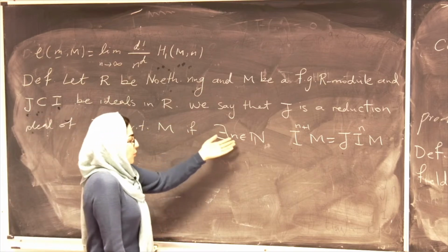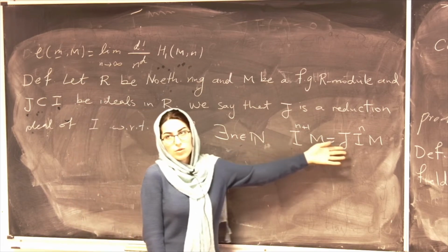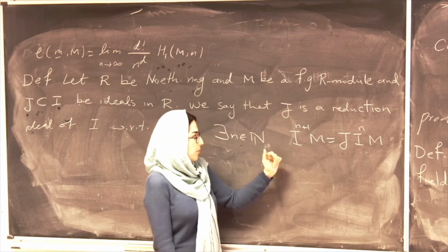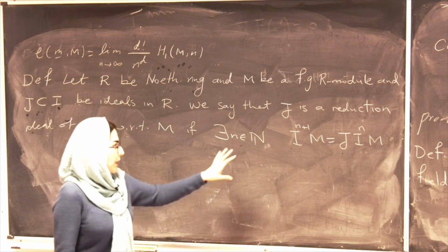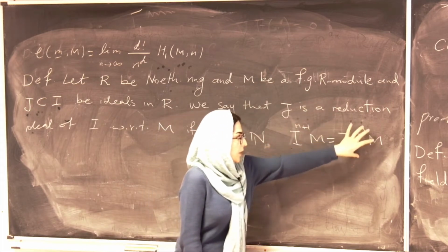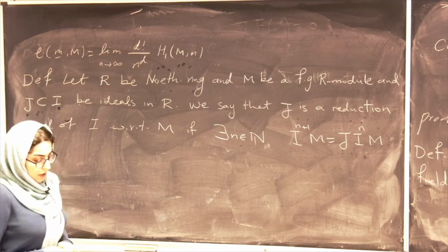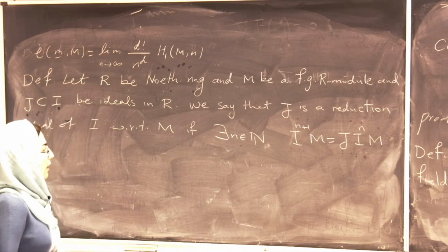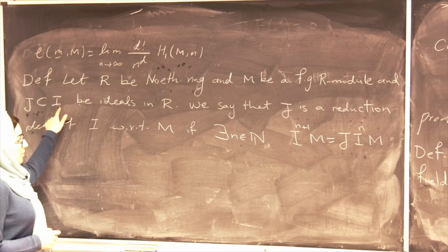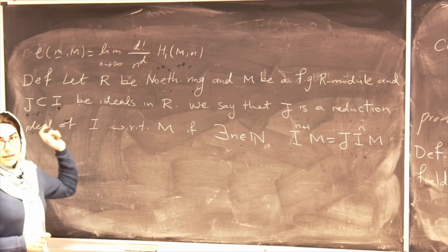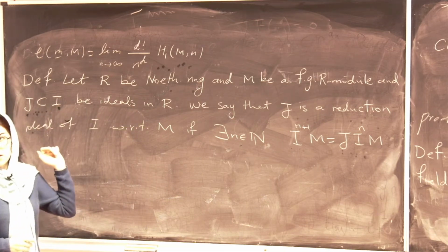So if for some n this happens, for larger than this n this equality also holds. It's enough to multiply both sides by any power of I. So from some power on, we can replace this submodule by J times I^n M. What we want to show is that when we have a reduction ideal J of I with respect to M, then the multiplicity of M with respect to these two ideals is the same.